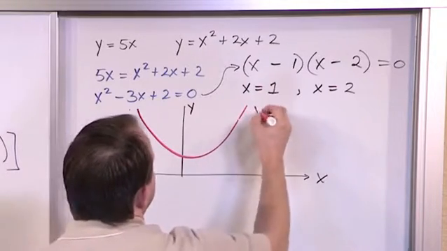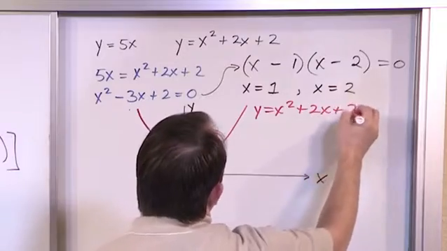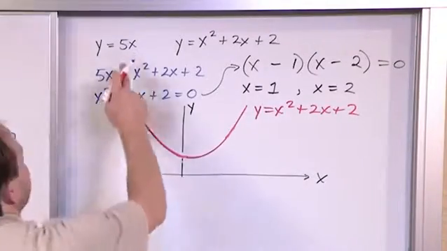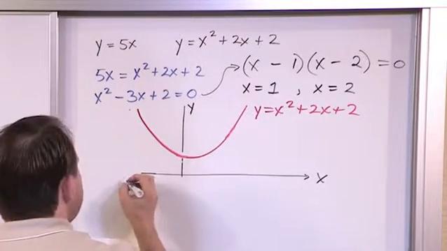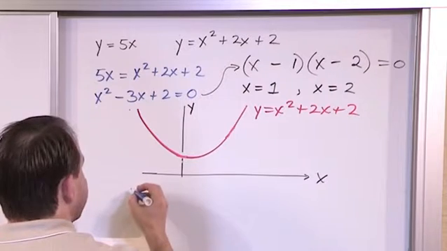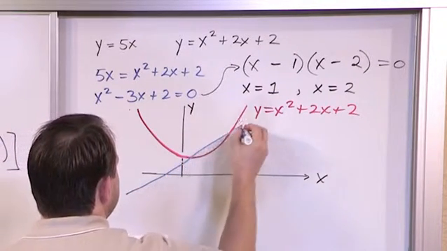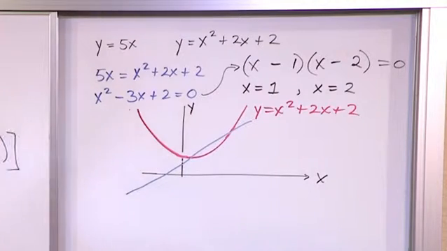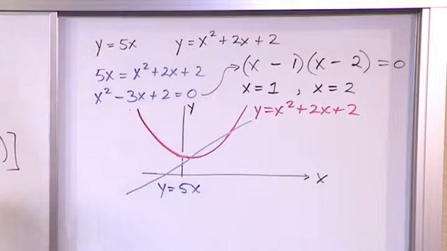Okay, so this is x squared plus 2x plus 2. All right, so let's go ahead and plot this line, y is equal to 5x, and figure out roughly where it's going to be. It's going to go at a slant like this. Not quite straight, but that's basically what it's going to look like. Y is equal to 5x.